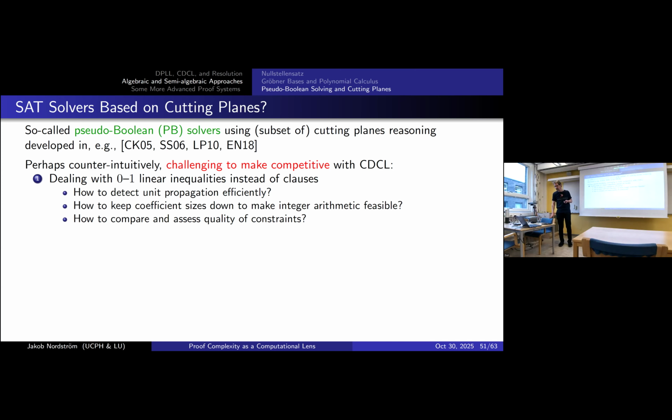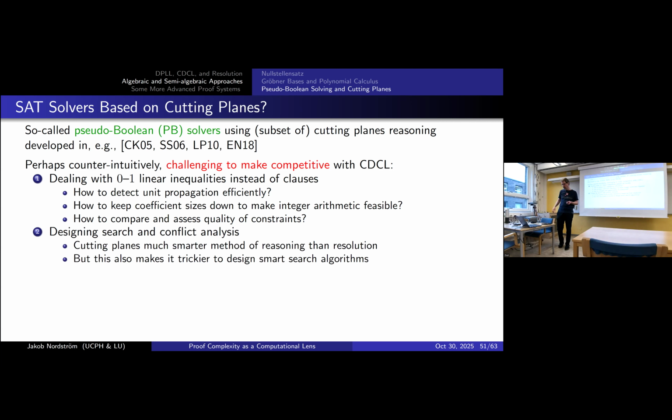There are many more parameters that are hard to figure out. And precisely because cutting planes is a much more powerful method of reasoning, you have more degrees of freedom. So how to design conflict analysis for cutting planes, for instance, is a highly non-trivial question that is not well understood.